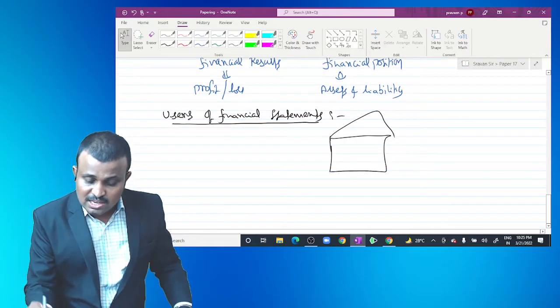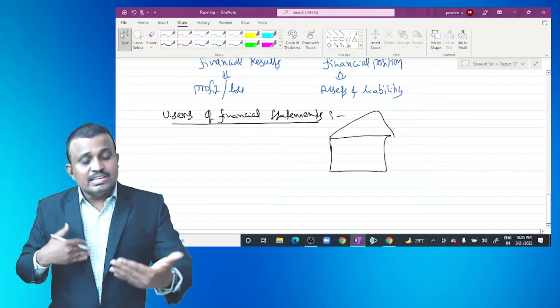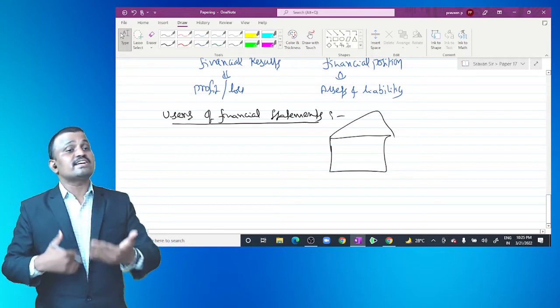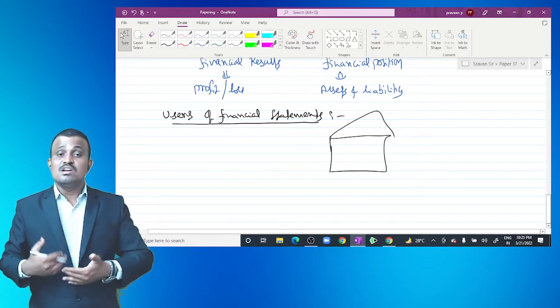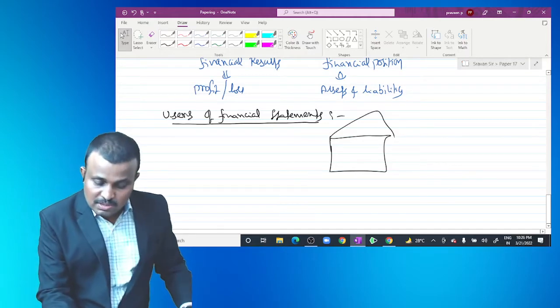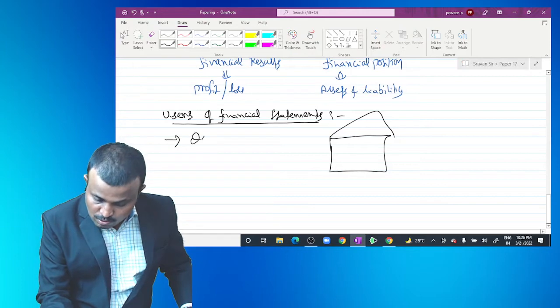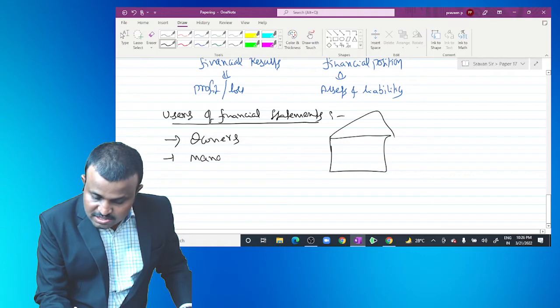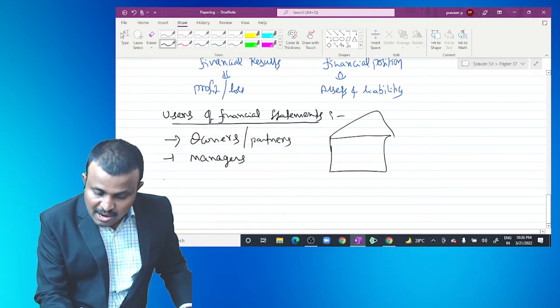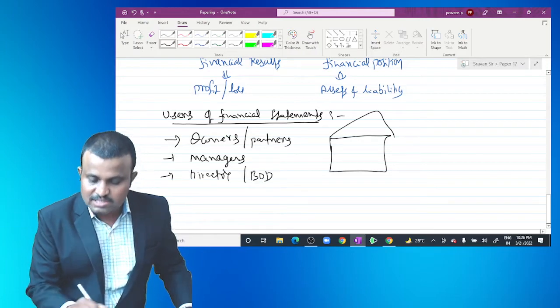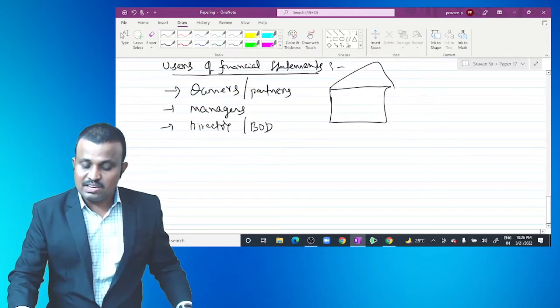So there are internal users and external users. Coming to the internal users, they cover owners and managers: owners, partners, managers, or directors, nothing but the board of directors of the company.